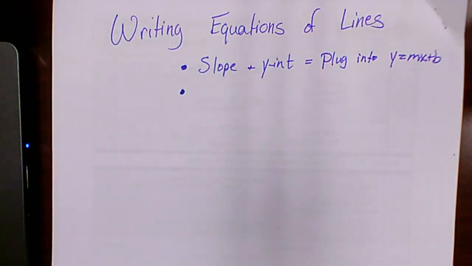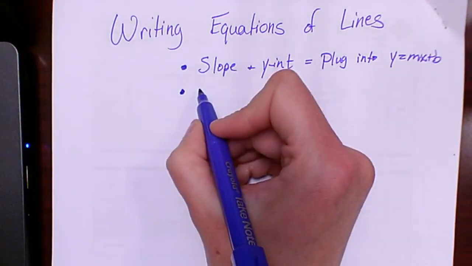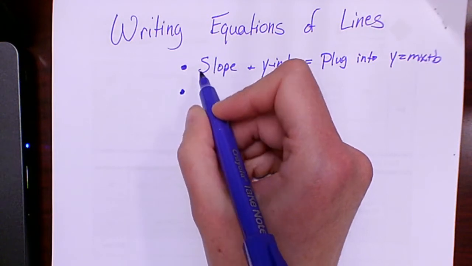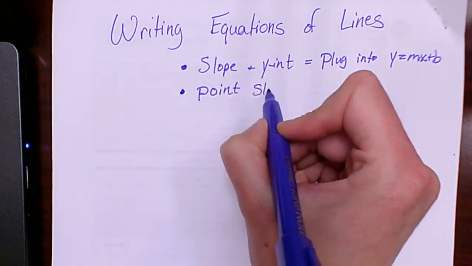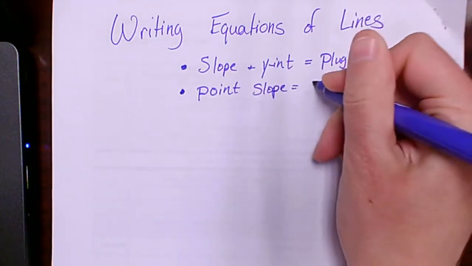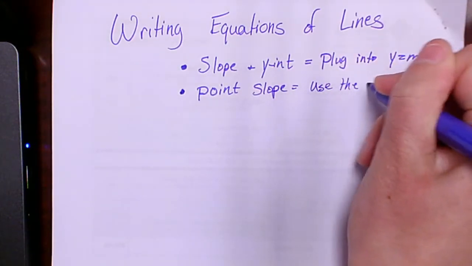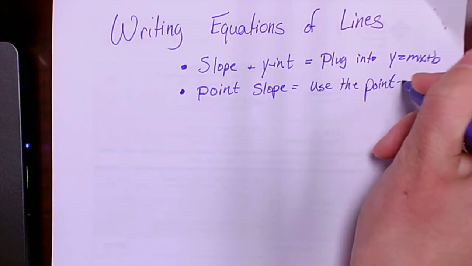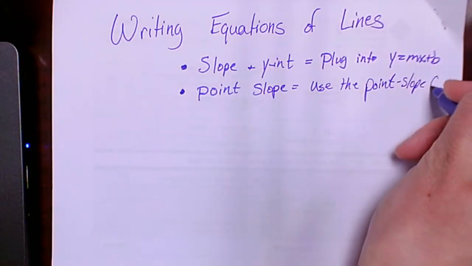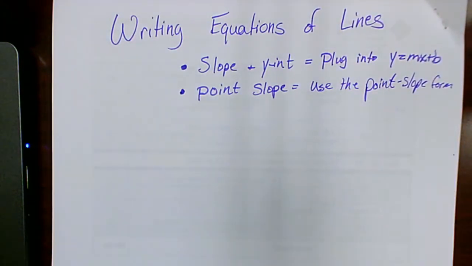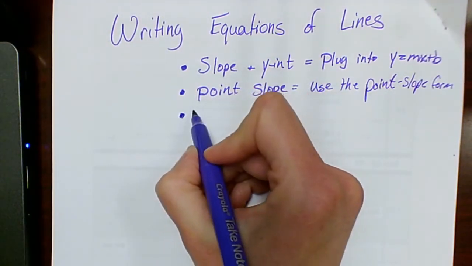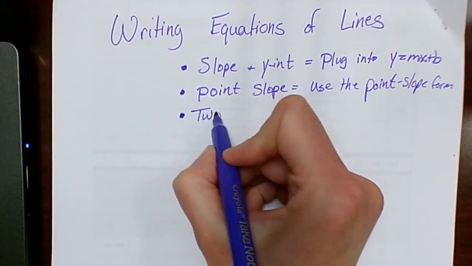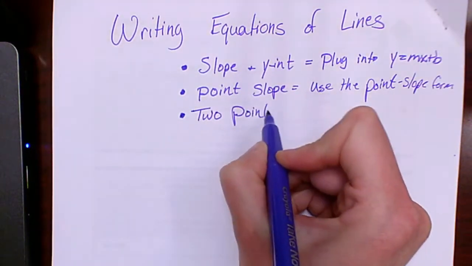The next one we will have is a point and a slope, which you're going to use the point slope form. And then the last one, what do we do when we have 2 points?